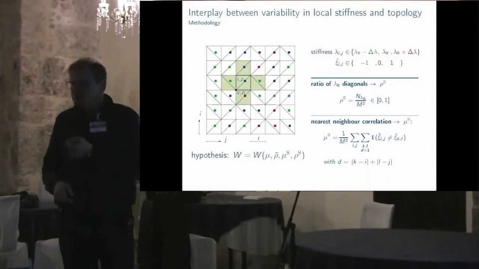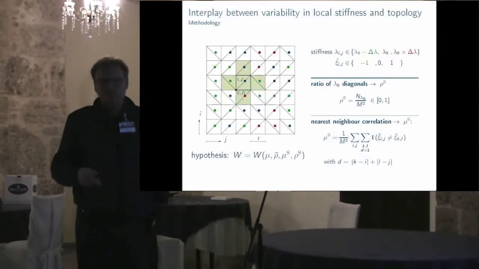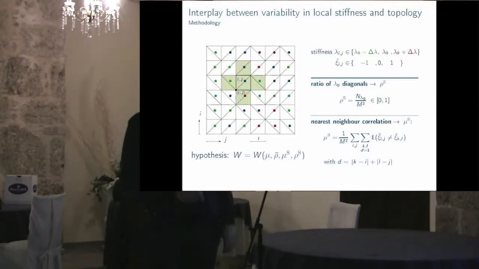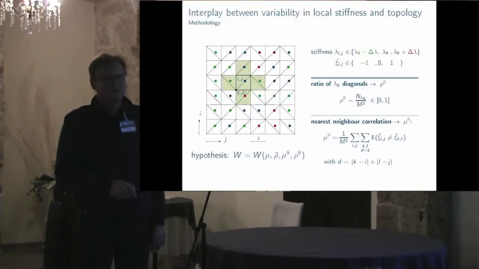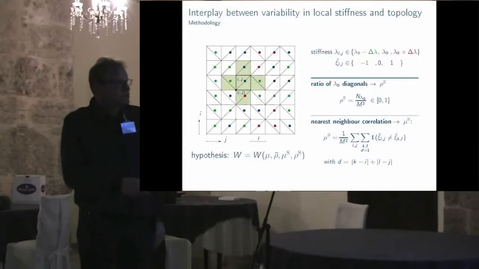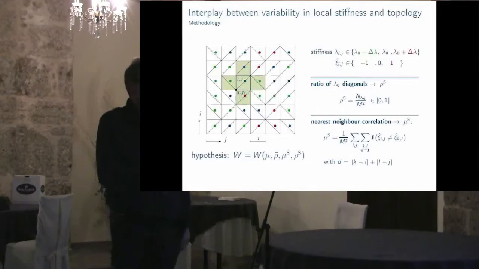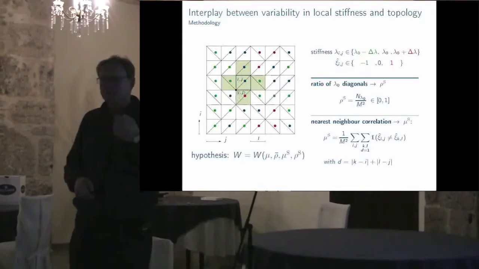Our hypothesis is now that for a given loading, for instance an overall shear strain, the mechanical response in terms of strain energy depends now on the order measure regarding the direction of the diagonals, the ratio between these two types of diagonals, and in addition the order measure with respect to the material properties and the number, or the relative number, of non-altered diagonals.